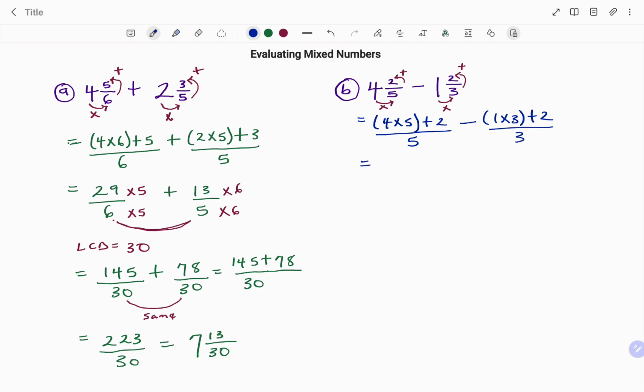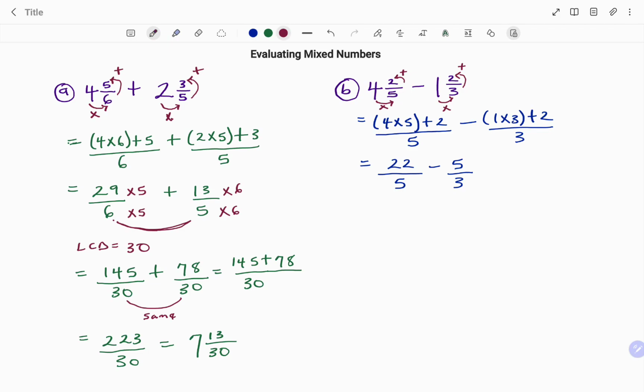That will be 20. 4 times 5 is 20 plus 2, 22 over 5, minus, I have 1 times 3, that's 3, 3 plus 2, 5 over 3.